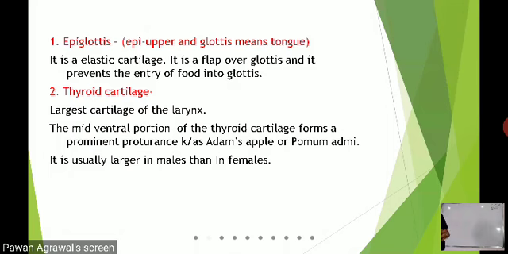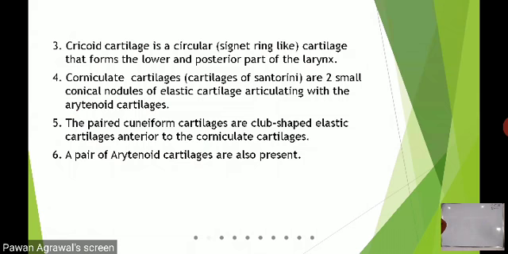Now, thyroid cartilage. We have already discussed that it is the largest cartilage of the throat or larynx. The mid-ventral portion of the thyroid cartilage is the Adam's apple. The size of the Adam's apple is larger in males in comparison to females. Now, what is the signet ring-like cartilage present in the larynx?